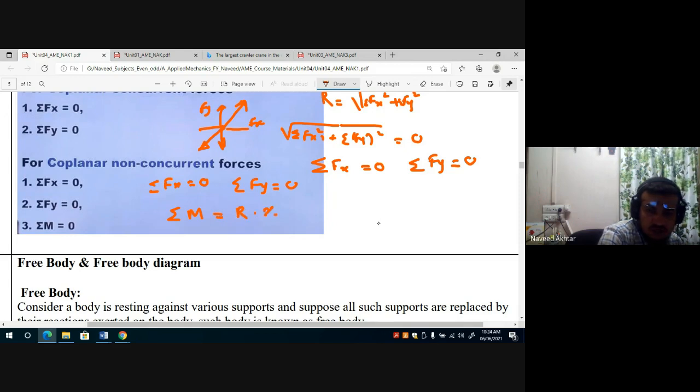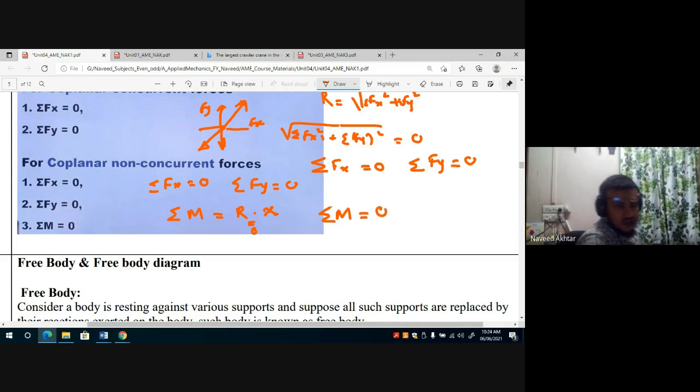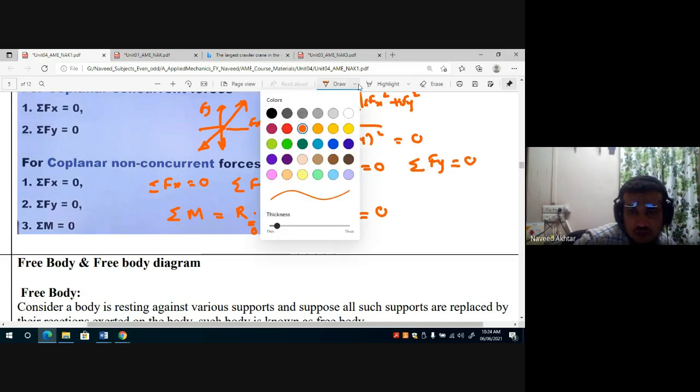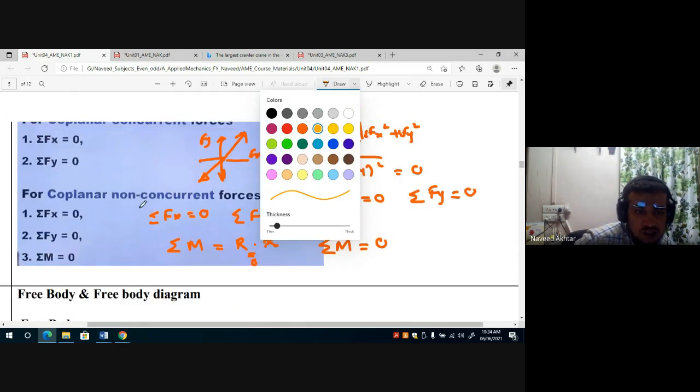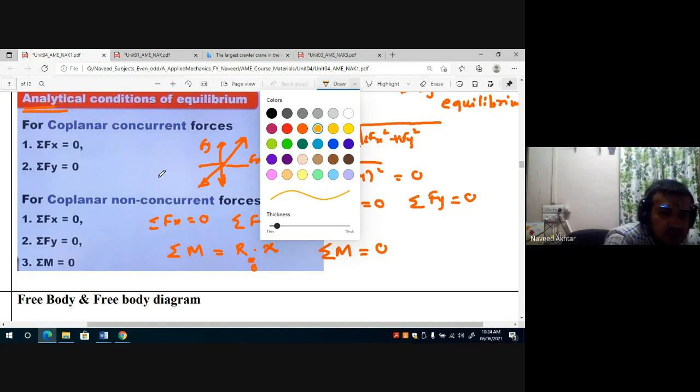If the value of the resultant is 0, the summation of moments is also equal to 0. So these are the conditions of equilibrium for the coplanar non-concurrent force system. And for the concurrent force system, the summation of Fx is equal to 0.